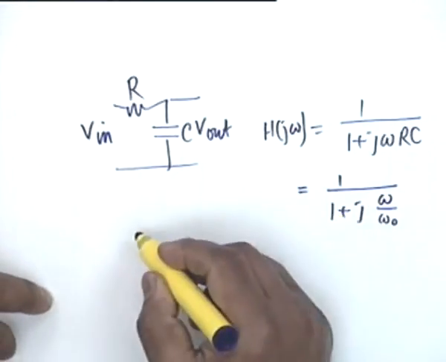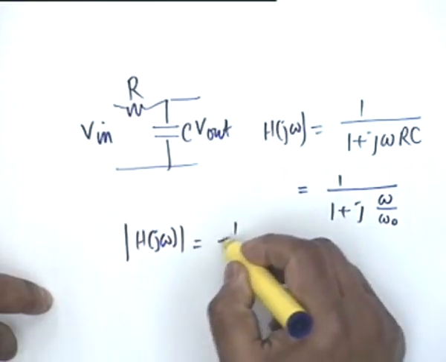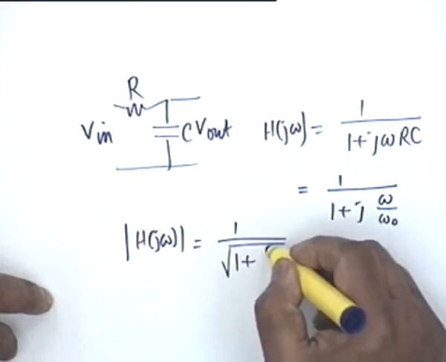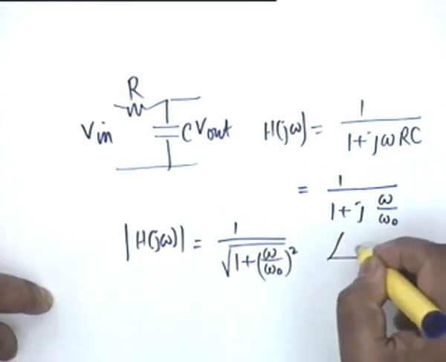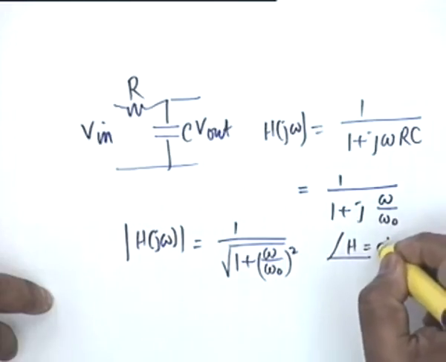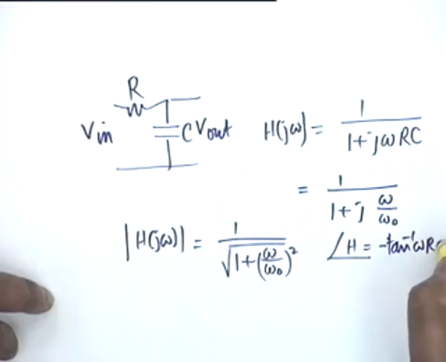Alright, and if I take the magnitude, this is simply 1 by square root of 1 plus omega by omega 0 squared, and the angle of H is minus tan inverse omega RC.